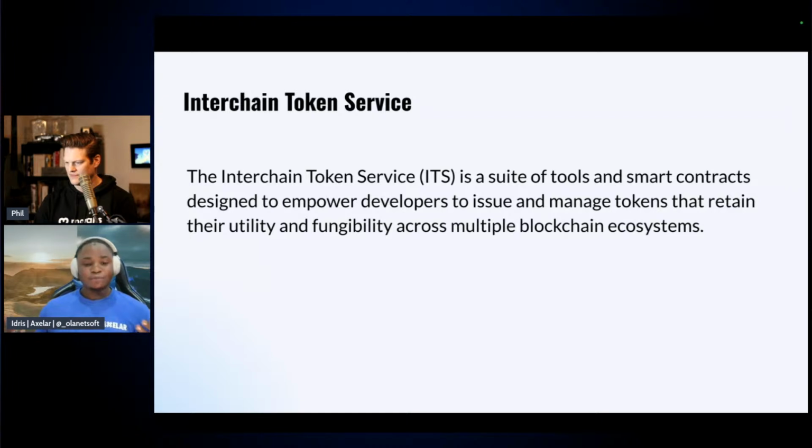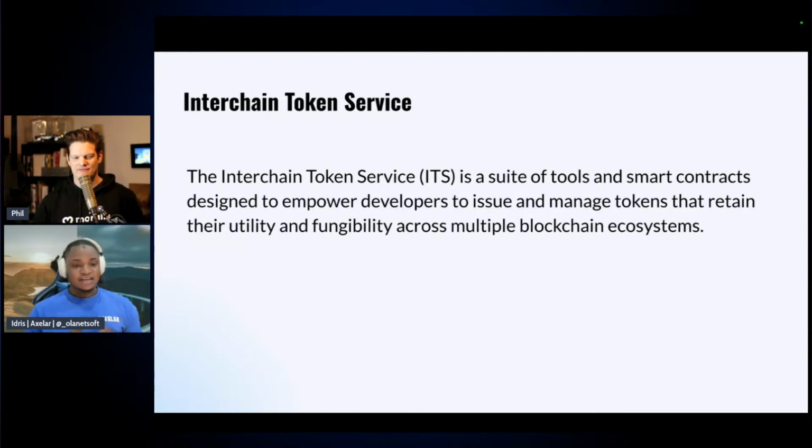So we have different projects with different goals and also specific use cases why those projects exist. So if you have your token on one chain with a custom functionality, and you want to retain the utility and the same custom functionality across every chain, it means that interchain token service is what you're looking at, right?